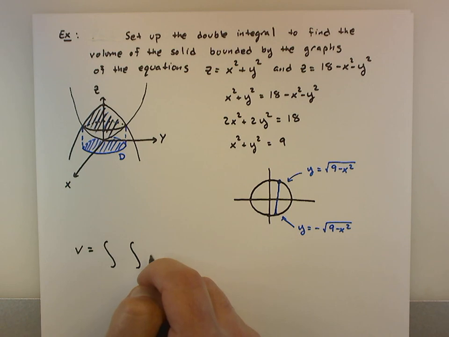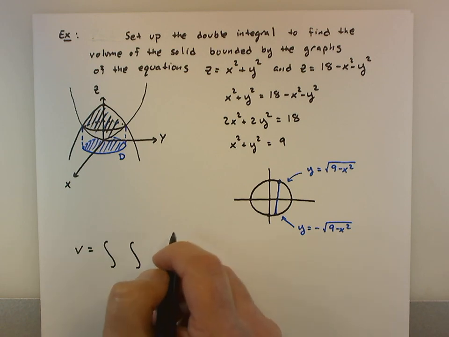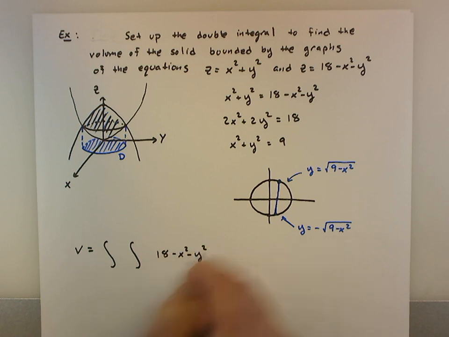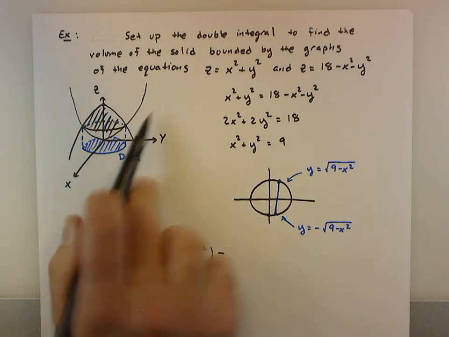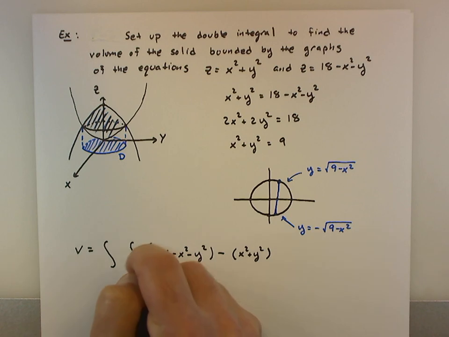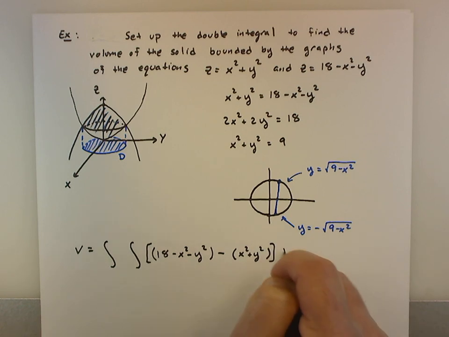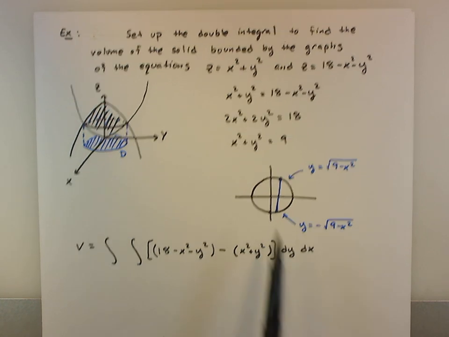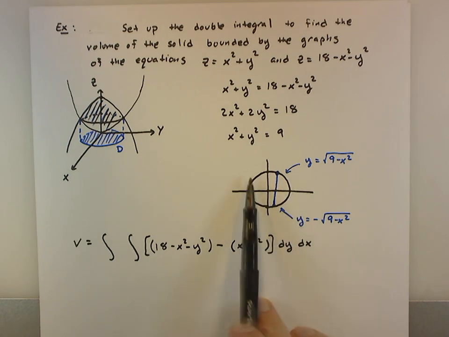The curve on top is 18 minus x squared minus y squared, minus the curve on the bottom. The curve on the bottom is this x squared plus y squared. I'm integrating with respect to y first, and then with respect to x. Y goes from this lower curve to this upper curve.